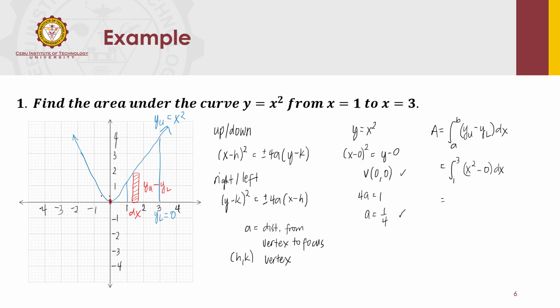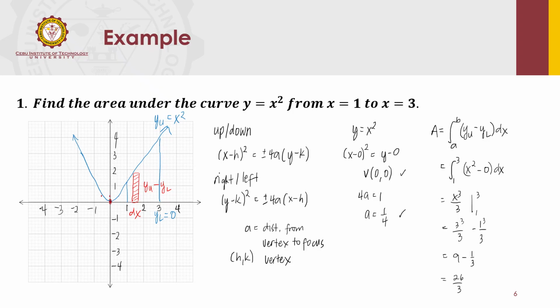So integrating, we get x cubed over 3, and we evaluate from 1 to 3. So we get 3 cubed over 3 minus 1 cubed over 3. So that's 27 over 3 or 9 minus 1/3, or that's 26 over 3.